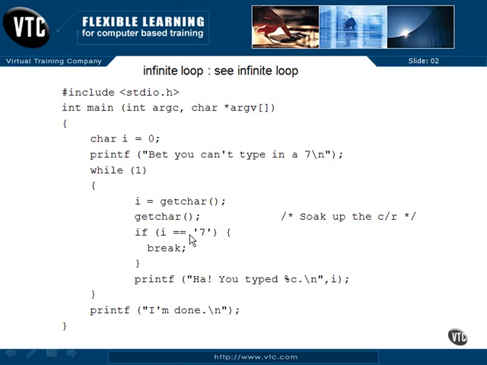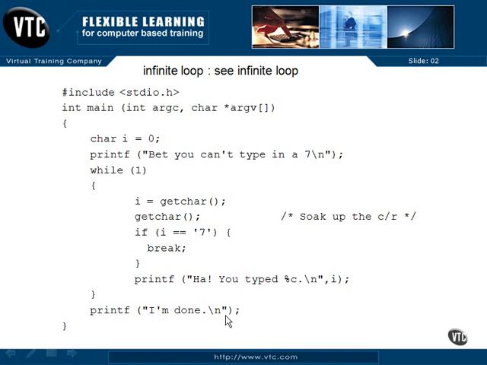If I is not equal to 7, now we can antagonize our viewer and say, ha, you typed in something else. That's our same line from before. And we come back around because we hit the bottom here and come through. But this time, it works a little nicer. If I is equal to 7, they type it in. We just leave. We don't bug the person anymore, even though they hit the right character. We just leave, and we say, I'm done.